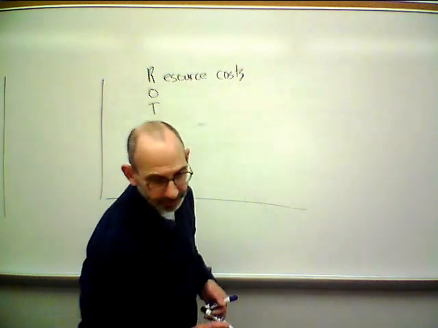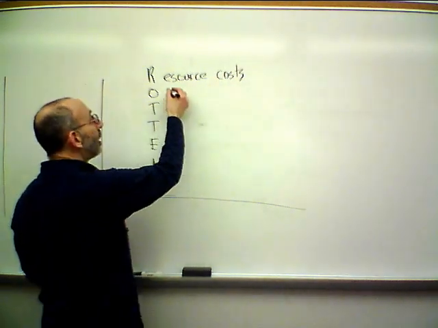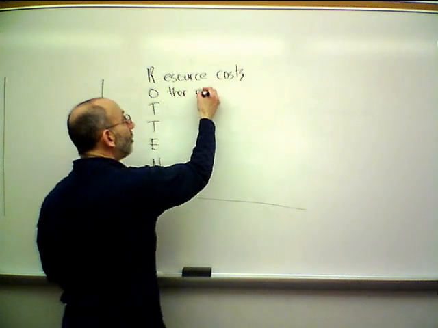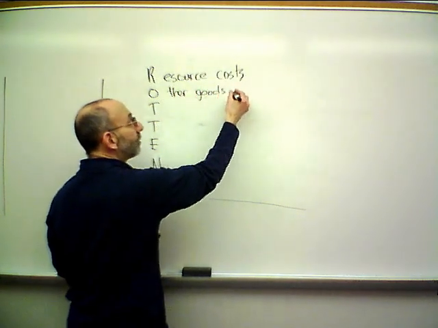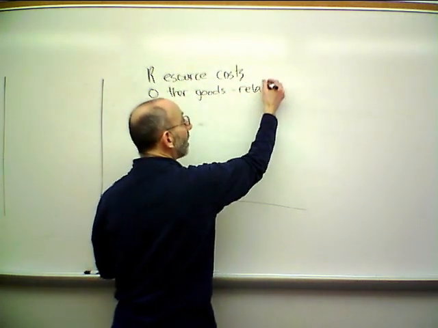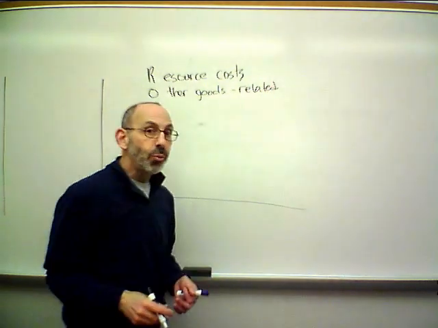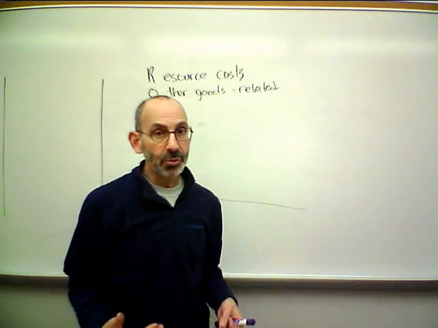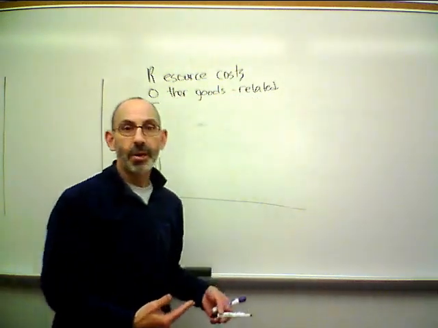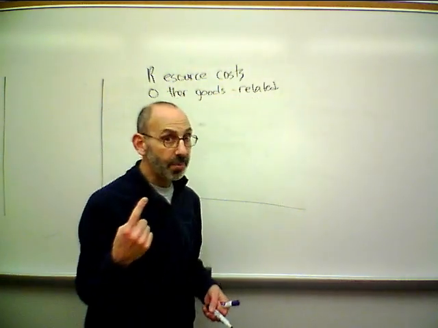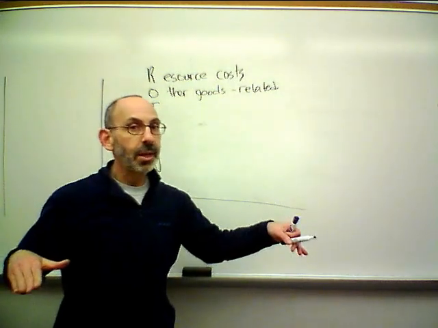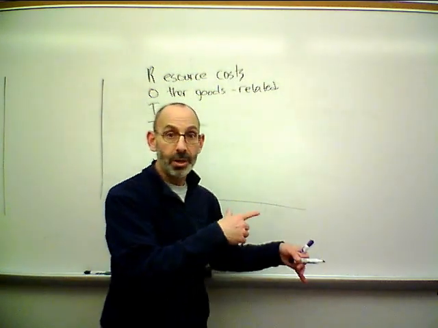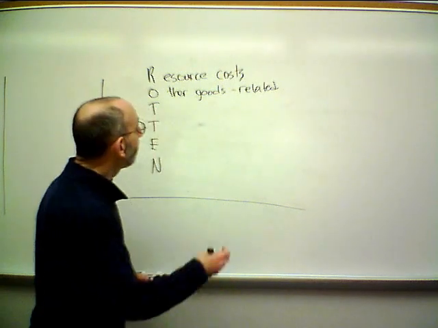O, other goods prices, other goods, and I'll say that it's really related goods. Could we make more money producing something different with the same resources we have? If the price of another commodity is going up and we could make that commodity too, ceteris paribus, that we could make more profits doing the other one, we might shift our production.